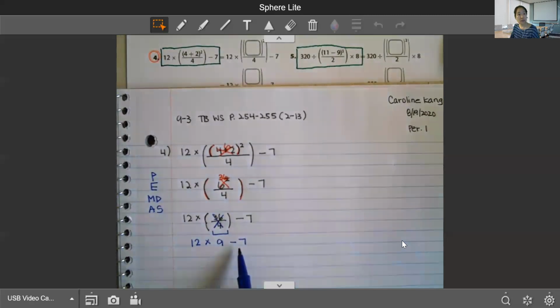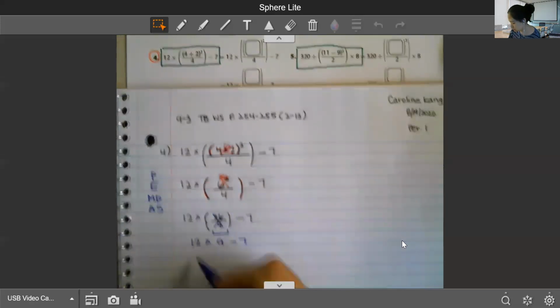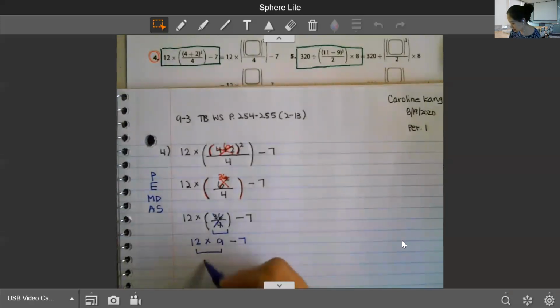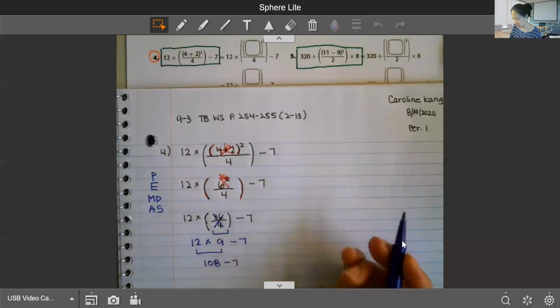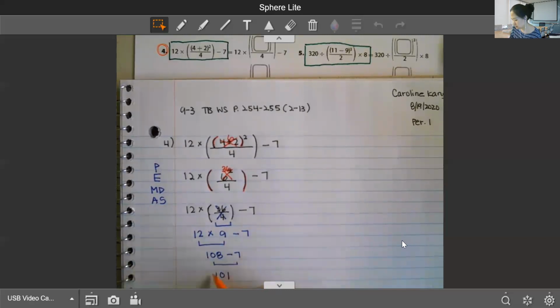Multiplication and subtraction. I need to multiply before I subtract. So 12 times 9 is 108, minus 7. My final answer is 101, and you can box the answer. Now, let's say you didn't know that 12 times 9 is 108.